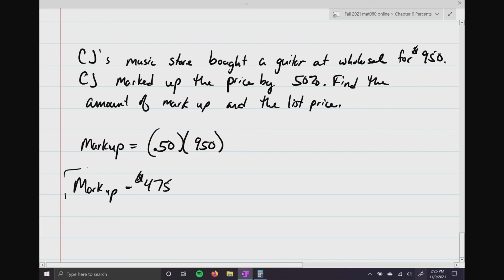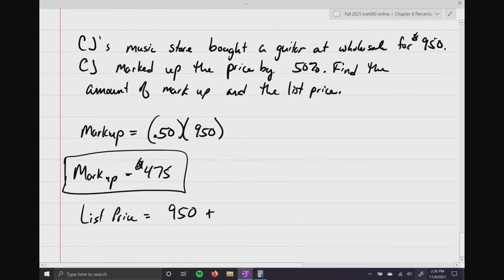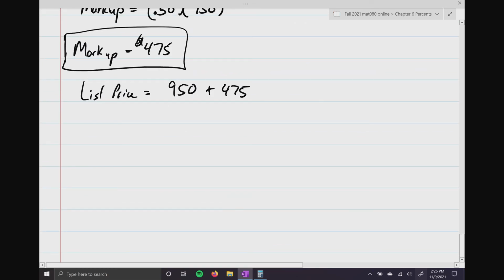Now, the list price is going to equal the wholesale price, which is $950, plus the markup, which is $475. So if we just take $950 plus $475, the list price will equal $1,425.